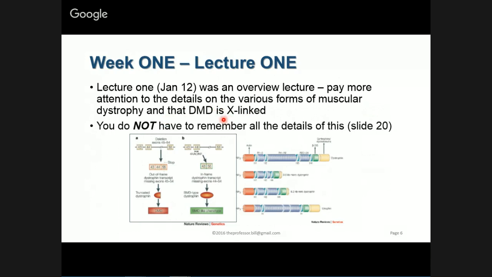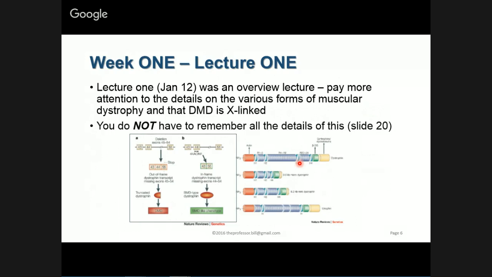We talked about several types, like Becker's muscular dystrophy and Duchenne's muscular dystrophy, and that Duchenne's is usually X-linked. Those types of details I would expect you to know. Memorizing things like the diagram on the right, I would not expect you to label, because I didn't cover it in a lot of detail.